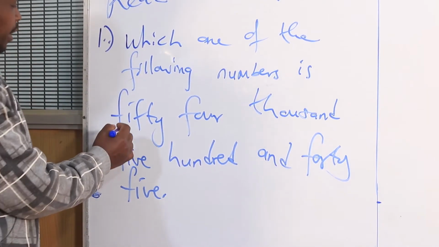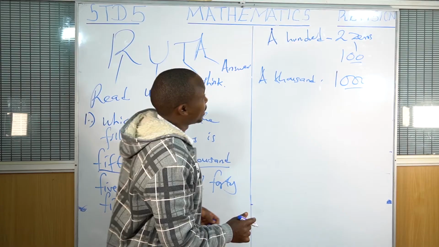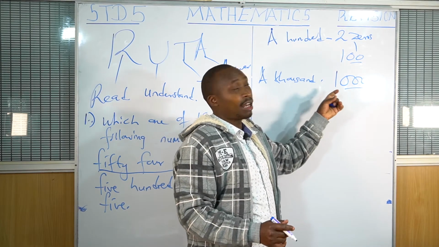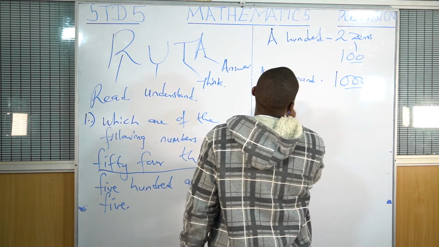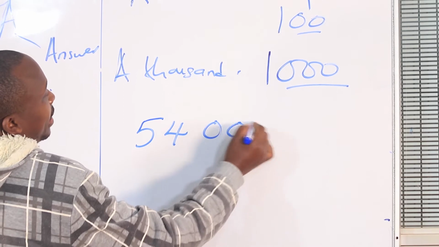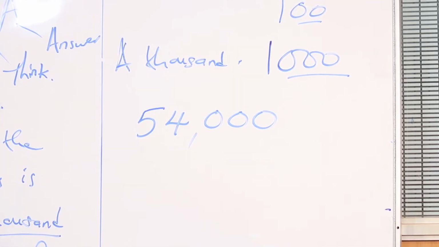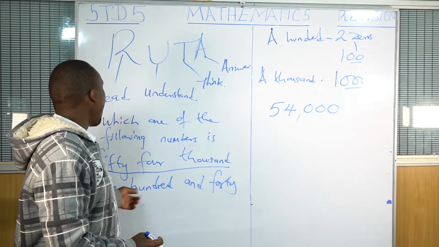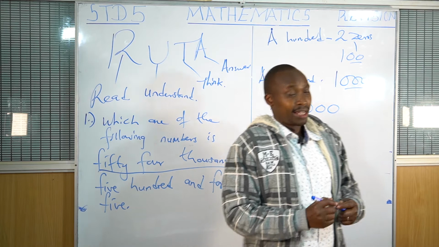You are supposed to finish bit by bit. Now, 54,000. We have seen that 1,000 has how many zeros? 3. Very good. So you write your 54, then the 3 zeros. That is what we call 54,000.